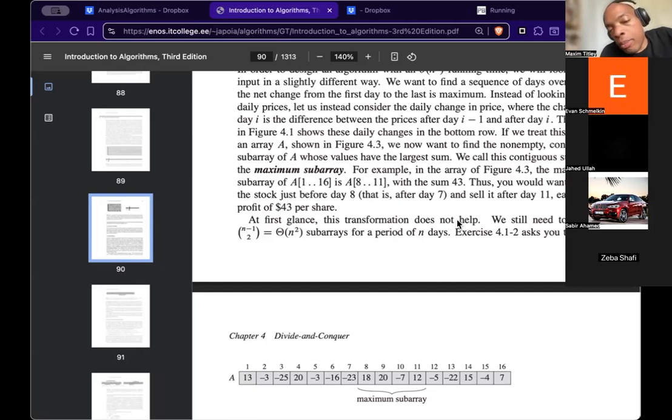Now, this transformation may not seem to help, but we still need to answer the check of n minus 1 over 2 and whether or not that equals n squared subarrays for a period of n days. So exercise 4.1-2 asks you how to show this.